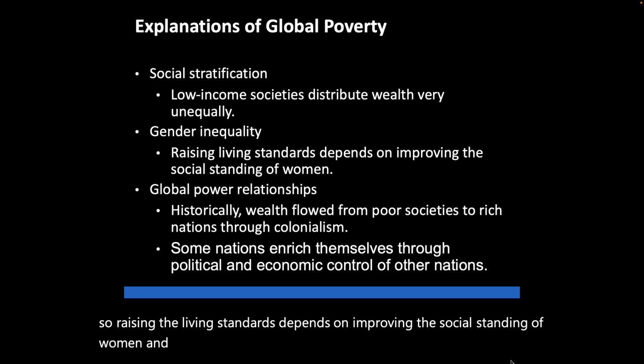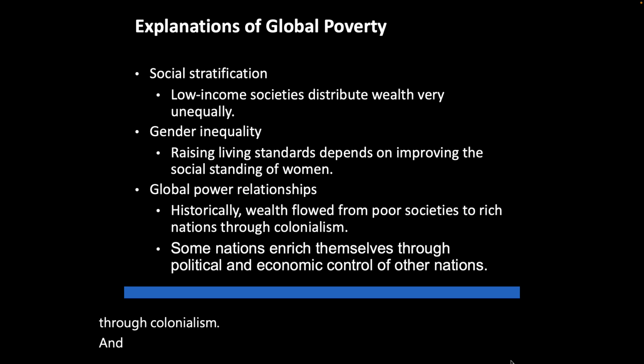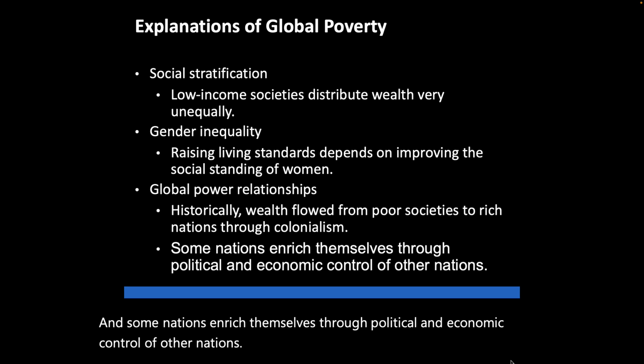And then, what are the relationships between nations and cultures globally? So historically, wealth flowed from poor societies to rich societies through colonialism. And some nations enrich themselves through political and economic control of other nations.